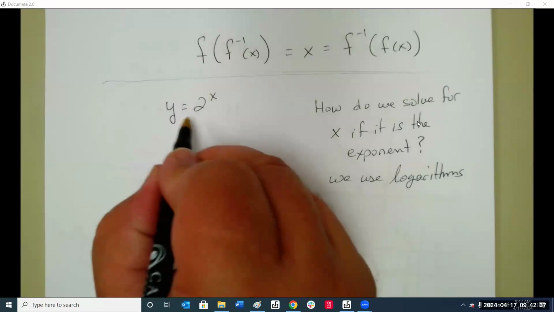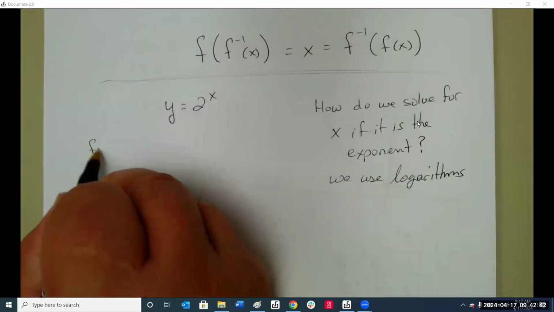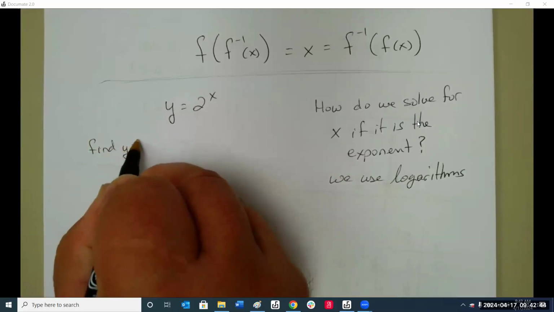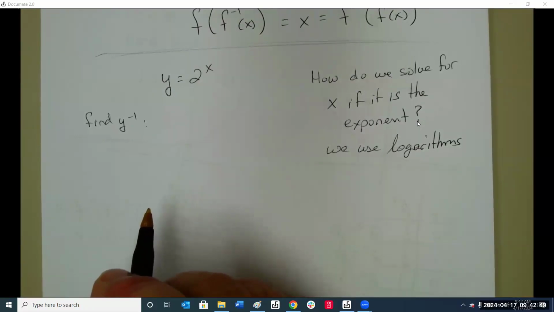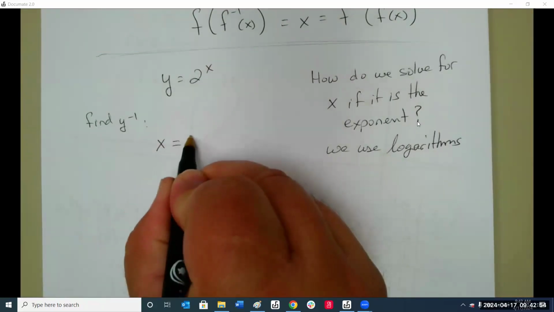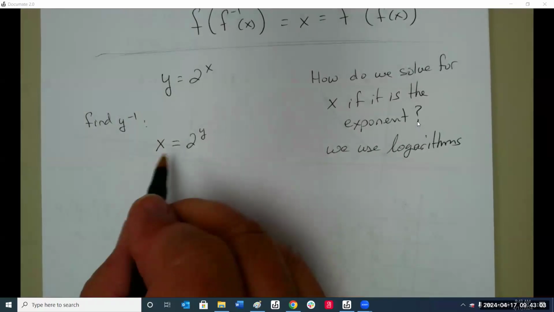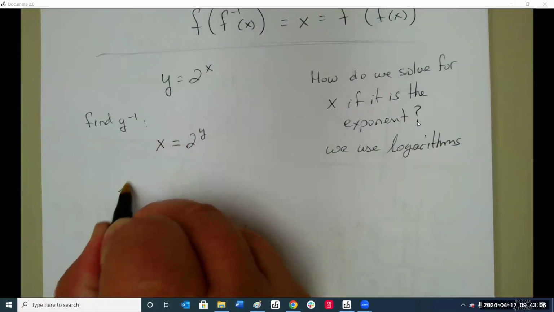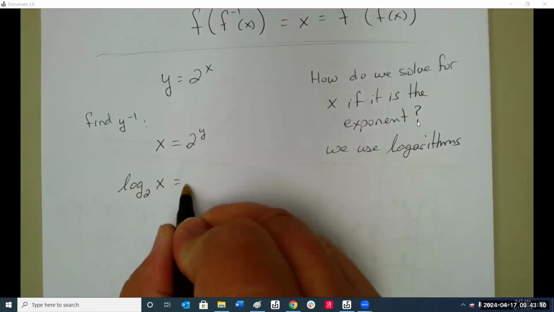So let's find the inverse of this. First step is what? Change X and Y. Now we have to solve for Y. Back to the problem. What we do here is we'll take the log base 2 of both sides.